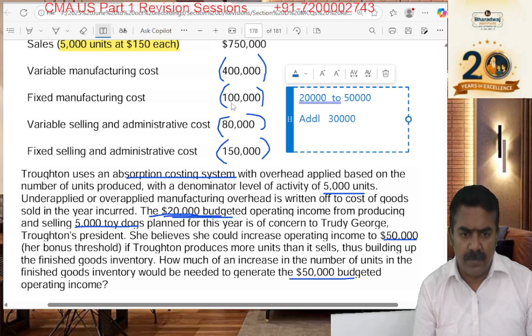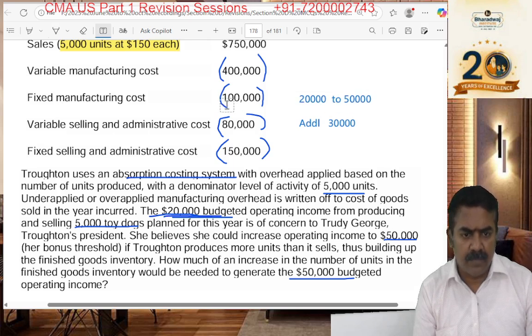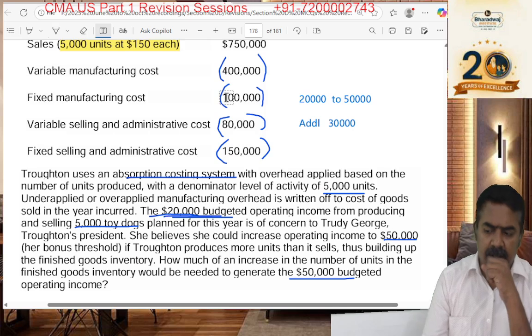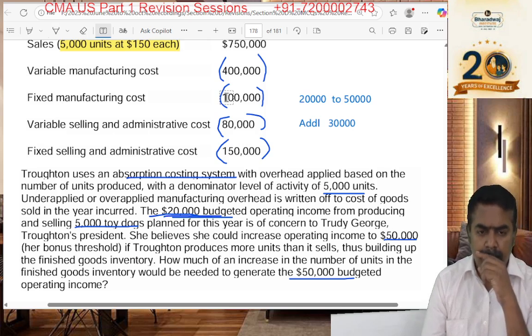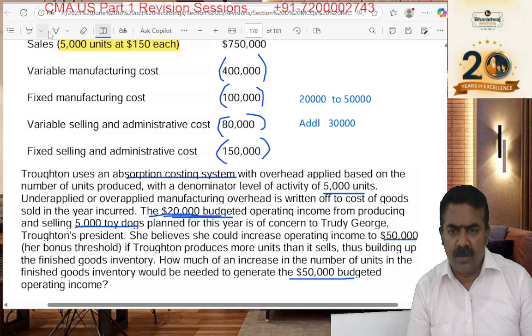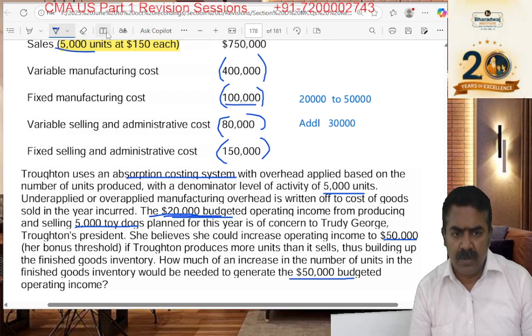Look at the fixed manufacturing cost. What is the fixed manufacturing cost? One lakh divided by 5,000 units. How much do you get? 20.